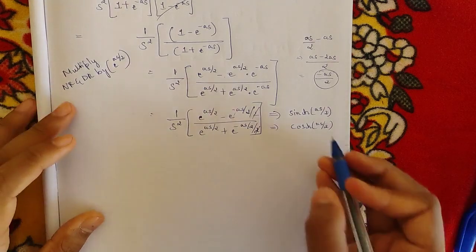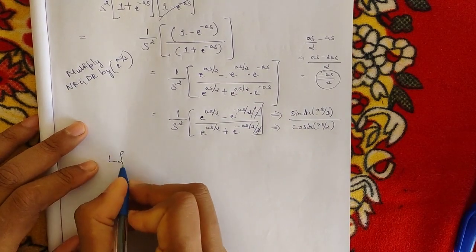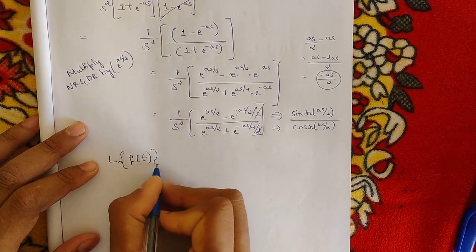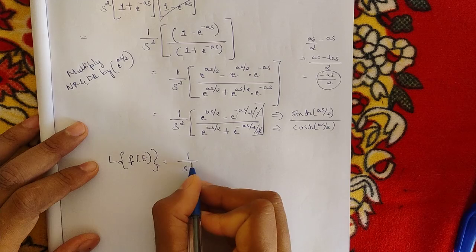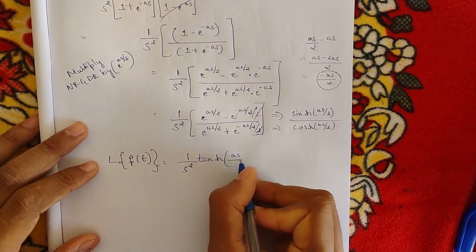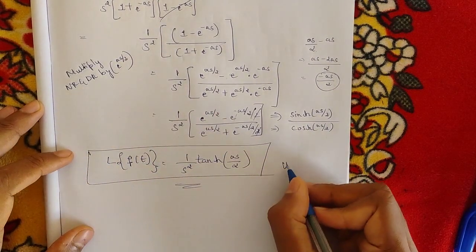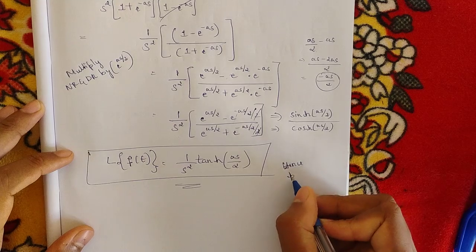We know that sin by cos is equal to tan, so our final answer we can write as L of f of t is equal to 1 by s square tan hyperbolic as by 2. So this is what we needed to prove. Hence proved.